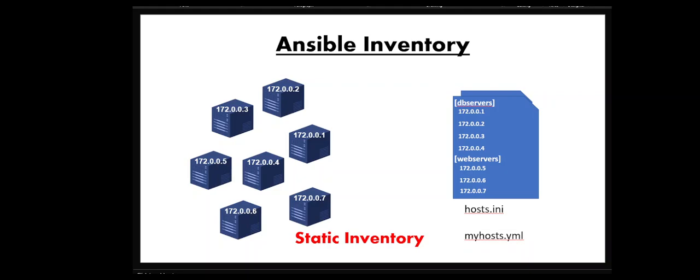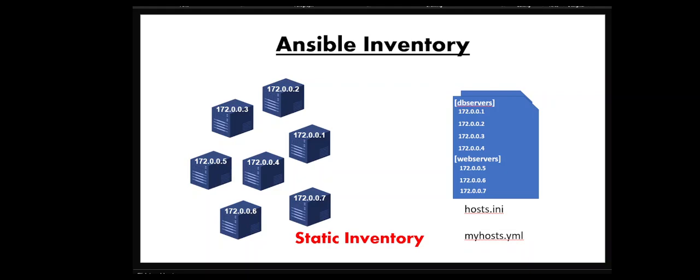We also said you can group them by yourself, database servers or web servers, which is fine, but this is okay if you know the list of all the hosts that you want to manage ahead of time, and if you know they are not going to change. So you can manually maintain this list, and that's what we call static inventory. And mostly, this is what people are taught.